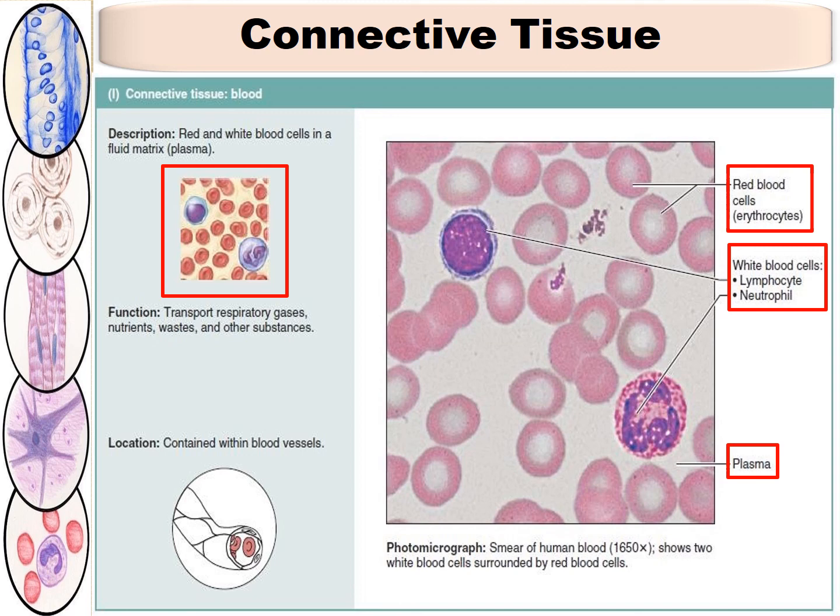This fluid connective tissue mainly facilitates the transport of respiratory gases, nutrients, wastes, and other substances. It is mainly located within the blood vessels. Here in this photomicrograph, you can see the smear of human blood. It shows two white blood cells, that is a lymphocyte and a neutrophil, surrounded by red blood cells.